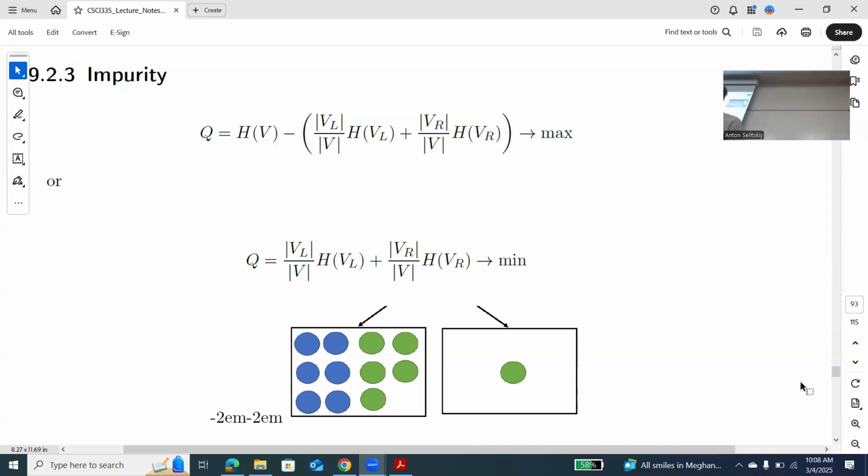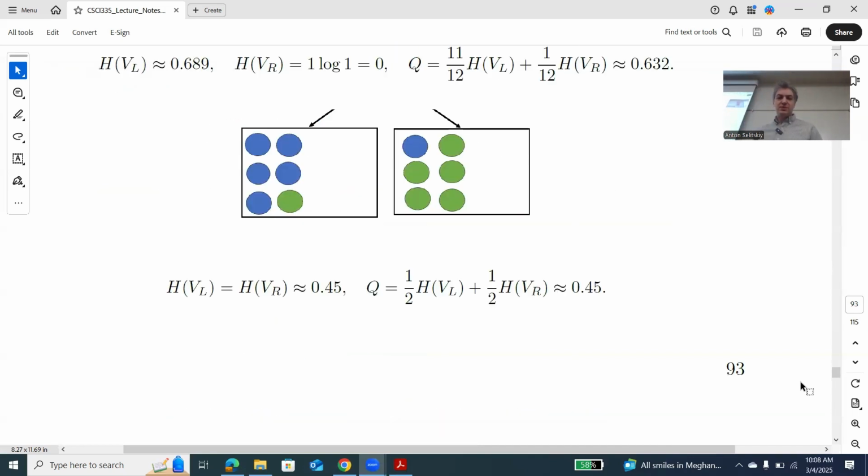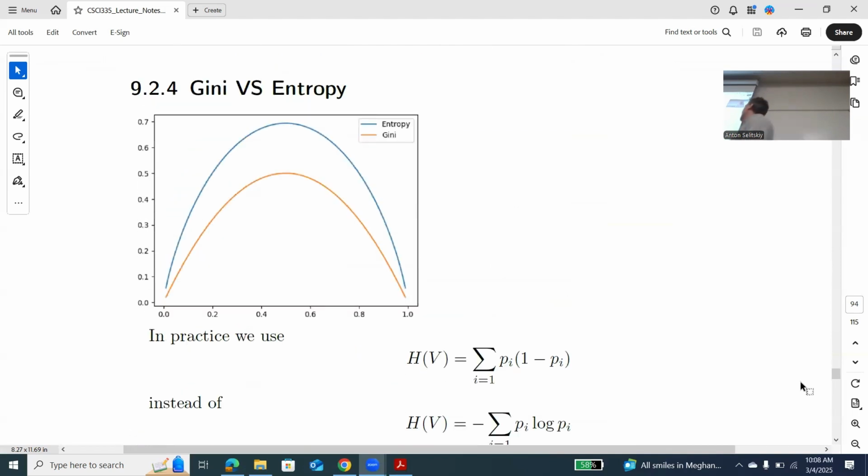Okay, now we're ready to solve the problem. Oh, well, just one final comment. Instead of entropy, we will minimize so-called Gini criterion. Entropy is, as you remember, probability times log of probability. If you plot x times log of x, the curve looks like this blue one.